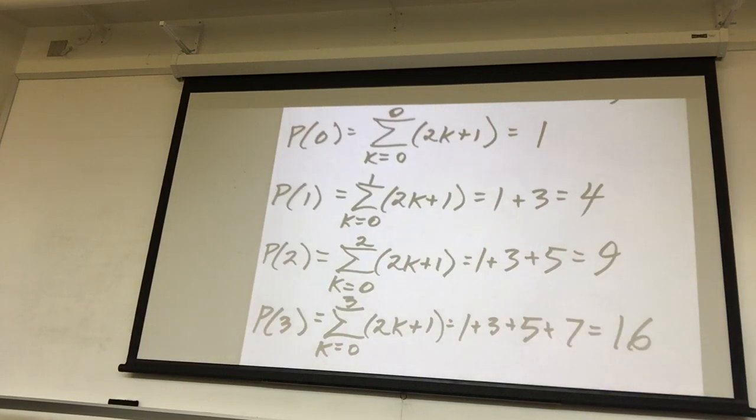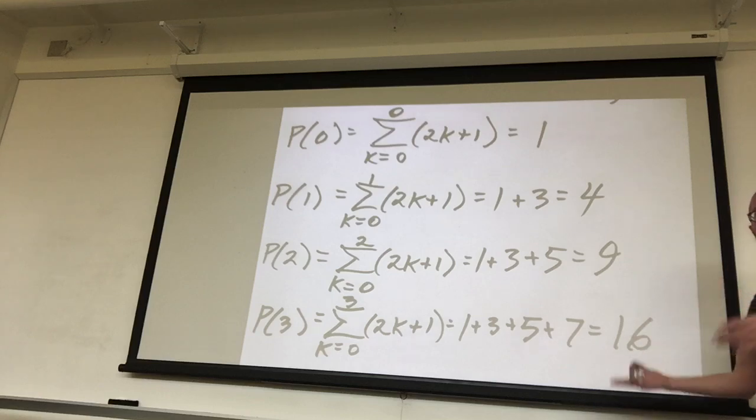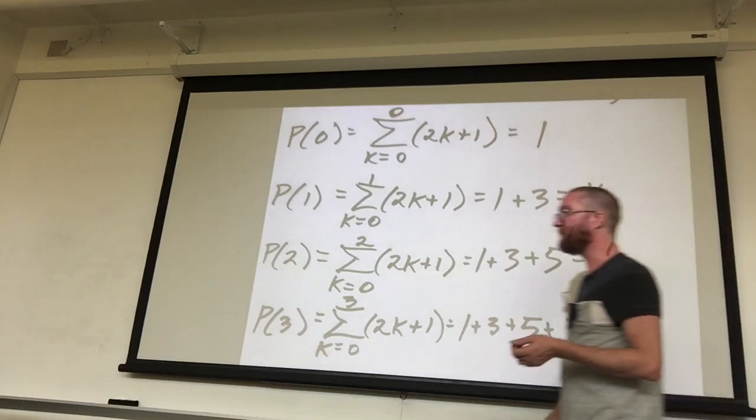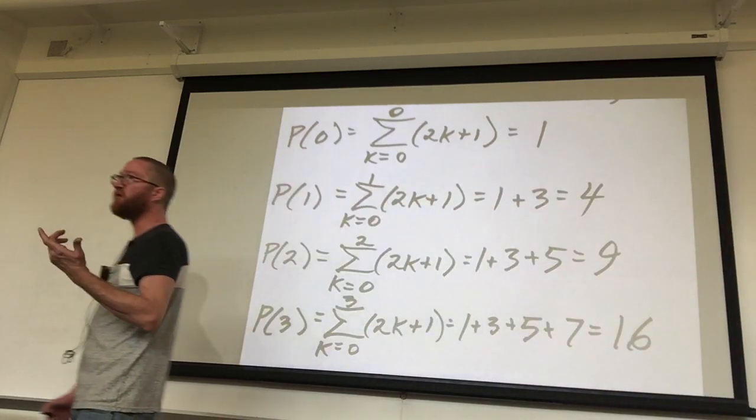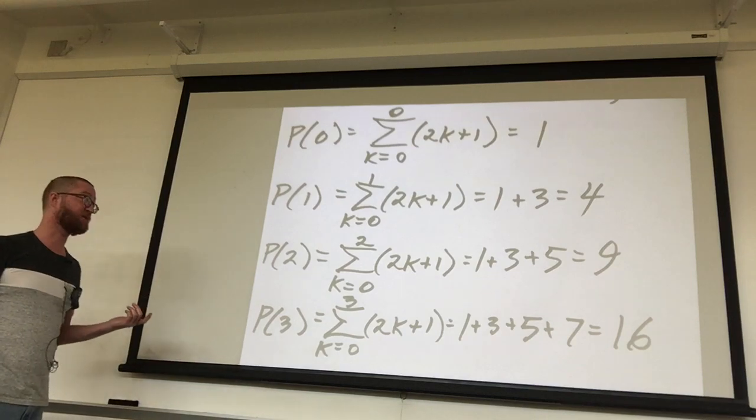Now, it's really important when you're doing this that you write out a few steps and be very careful with the indices. Sometimes when this problem is derived, if you see it in another place, it'll begin the indices at k equals 1, and it'll be the sum of 2k minus 1.